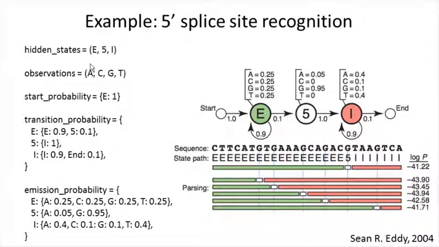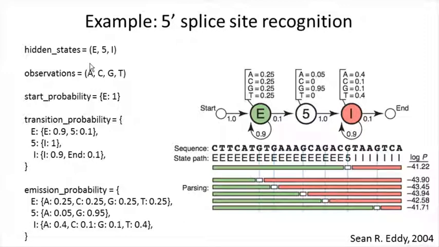Now let's talk about the DNA sequence. Imagine the 5' splice site recognition problem. Assume we are given a DNA sequence that begins with an exon, contains one 5' splice site, and ends in the intron.